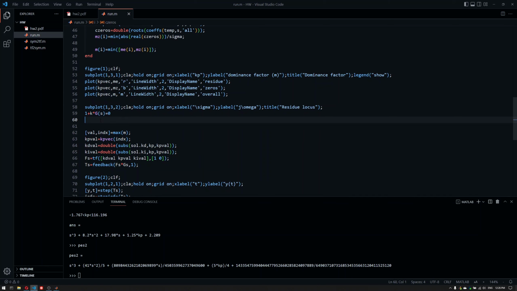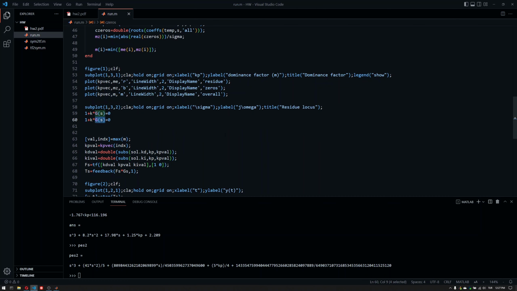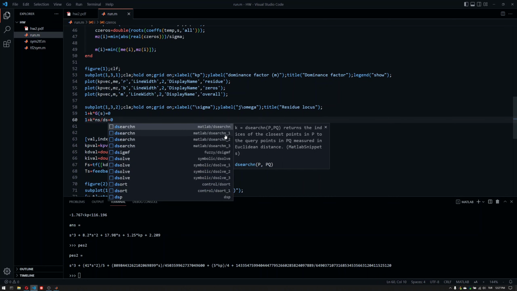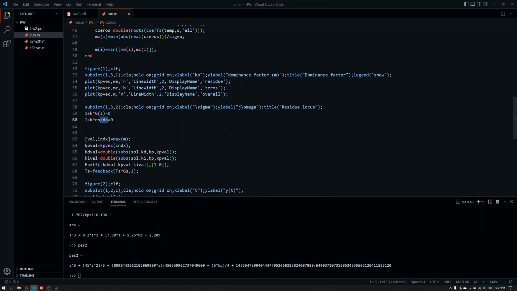For that, I need to rearrange the polynomial in terms of the unknown parameter. The ones that are not unknown should be on the left here. Actually, let me show you something. If we assume that this is Ns divided by Ds, and you multiply with Ds, you will get Ds plus k times Ns. So if you look at this polynomial, the ones without k belong to the denominator polynomial.